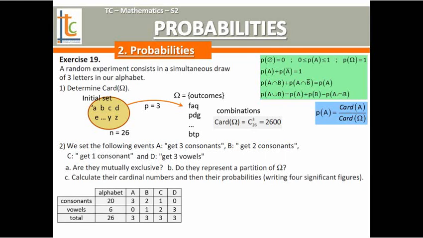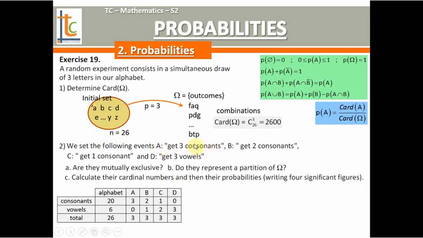So let's make a scheme thanks to a table here that will be more clearly seen than this kind of scheme. Okay, so this is the same purpose but organized in a table. Your alphabet contains 20 consonants and 6 vowels. The total number is 26, our n.